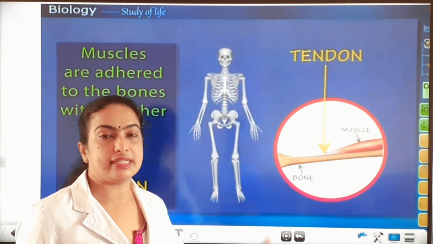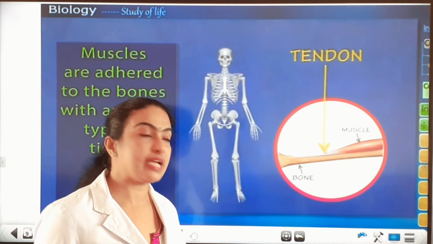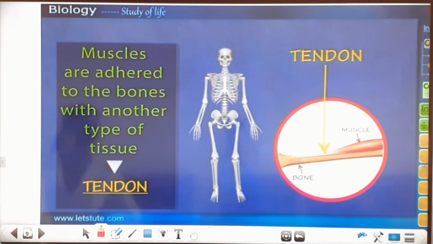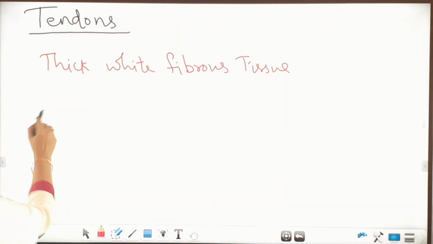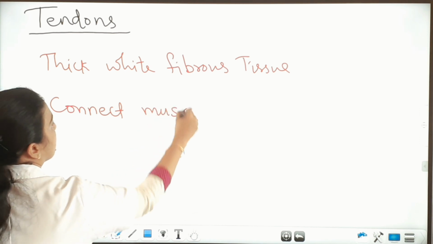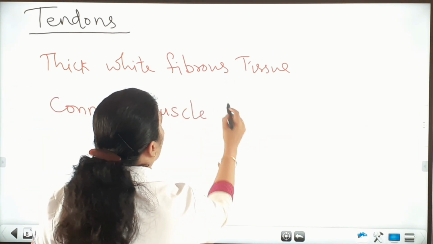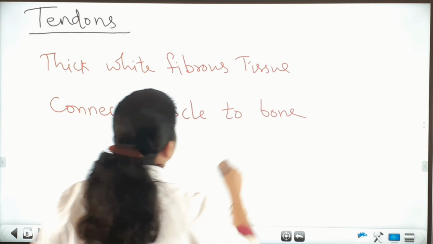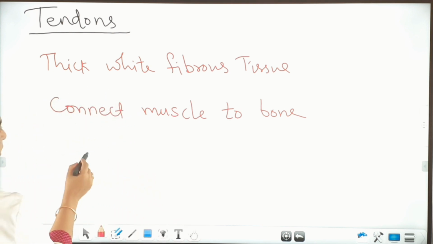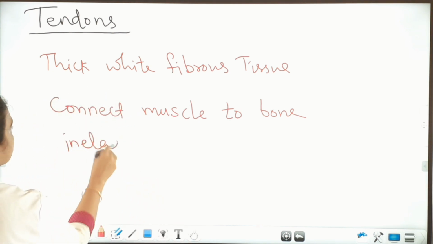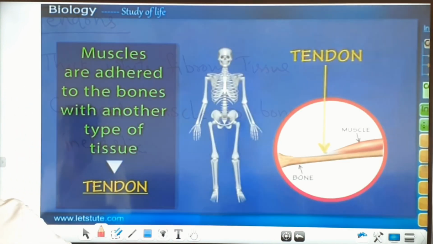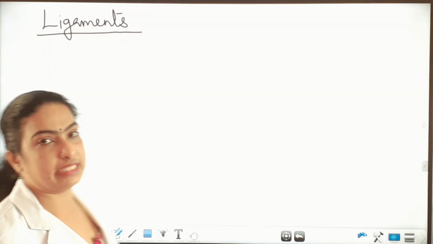So, the muscle is attached to the bone, or we can say the bones are attached to the muscles by tendons. Here we can write that sentence: connect muscle to bone, or bone to muscle. And this is made of inelastic cells.